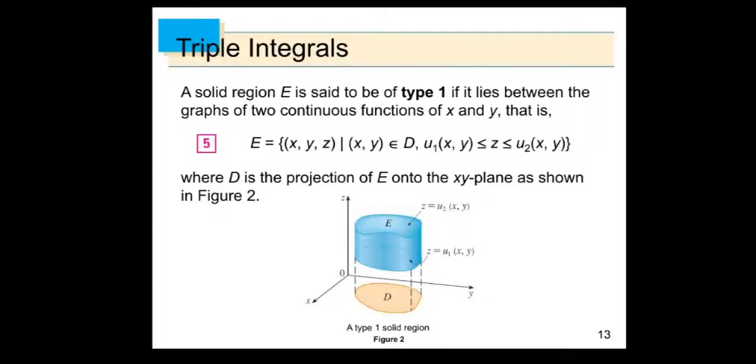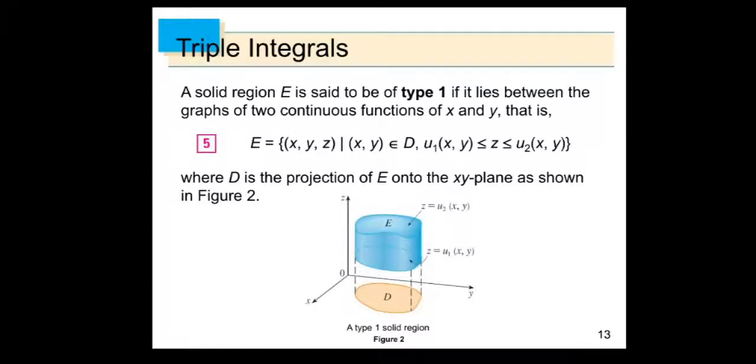So our E will have three components, x, y, and z. Our (x, y) would belong to D, and our z would be greater than or equal to u1 of x, y, and less than or equal to u2, which is again a function of x, y. Here D is the projection of E on the xy plane, as shown in figure 2.